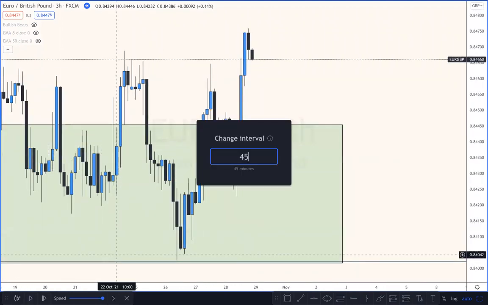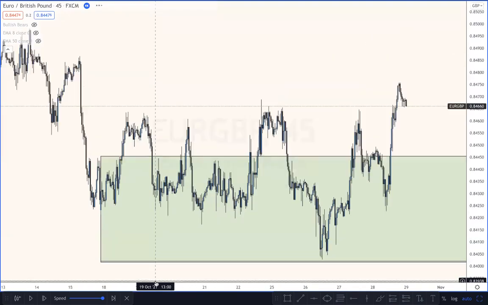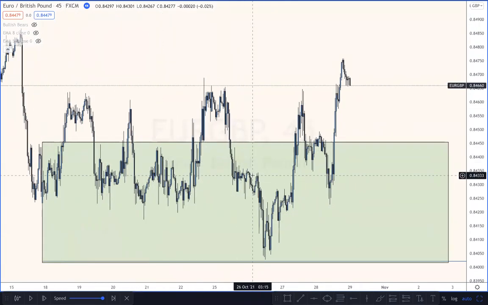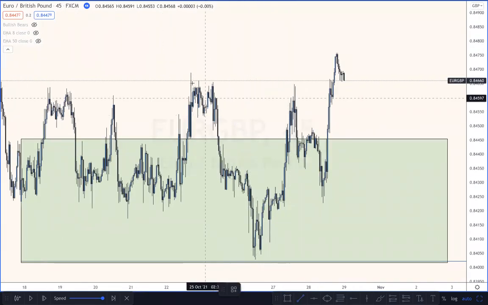Let's go down to 45 minutes. Pure Wyckoff accumulation model right here. Another low risk buy.